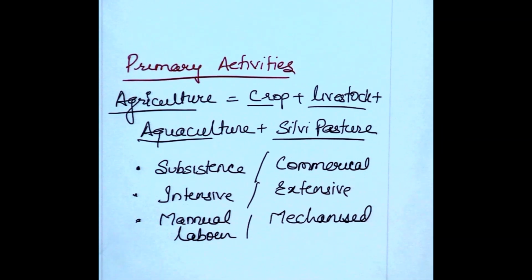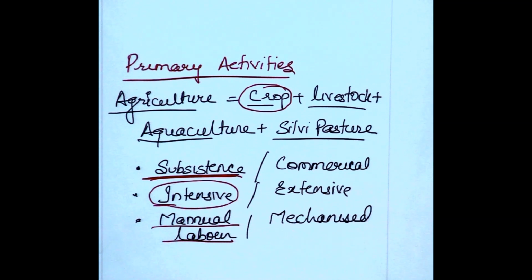So if we have to make sense of agriculture that we will now be proceeding to, we need to understand that crop culture must not be considered only to be the example of agriculture in the present perspective. If I am cultivating crops for my self-consumption, it is largely likely to be manual labor oriented and it will be intensive.